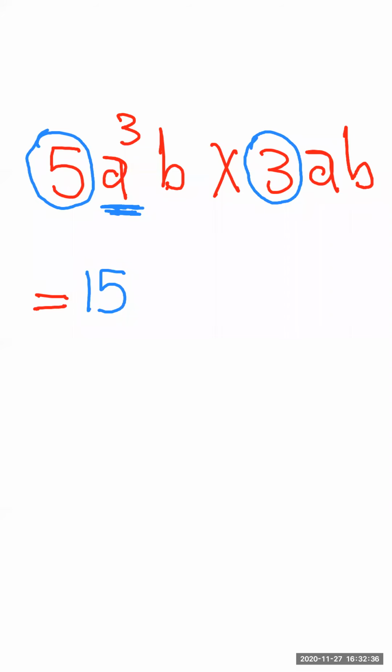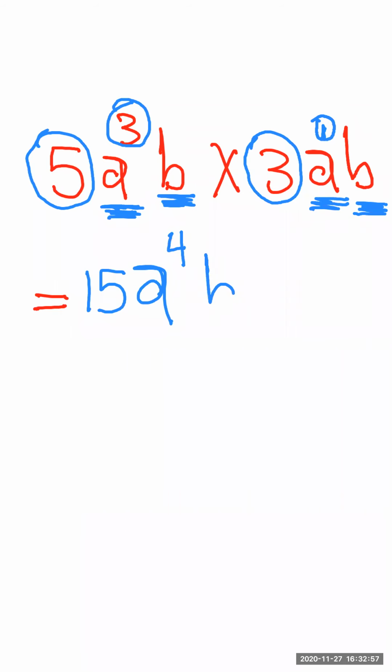A power 3, and here a, of course at the power of 1. So it will equal a, then add the indices 3 and 1, so a power 4. Then the last term, b at the power of 1 times b at the power of 1, so b at the power of 2. That's it.